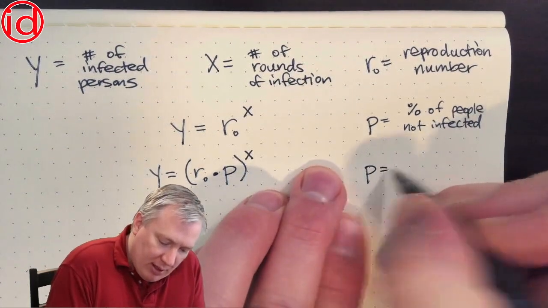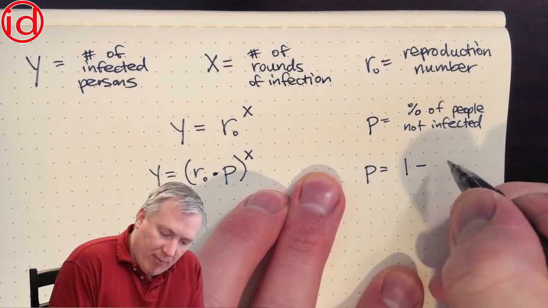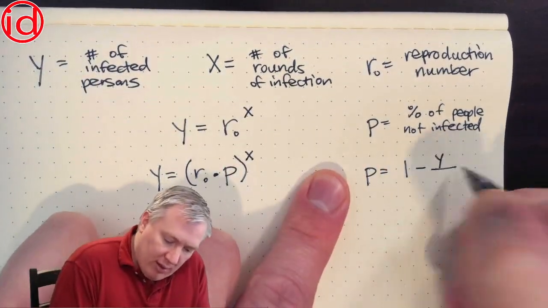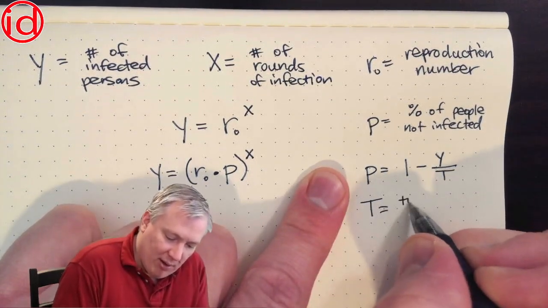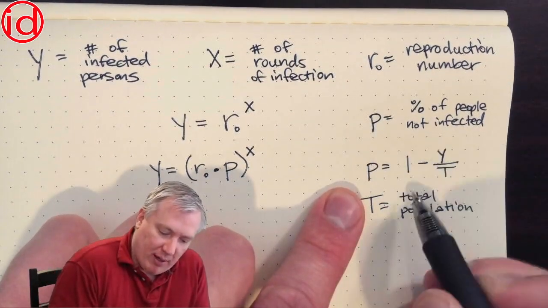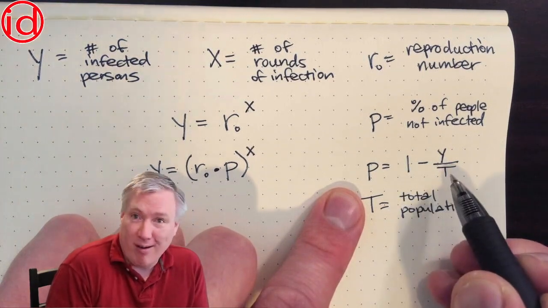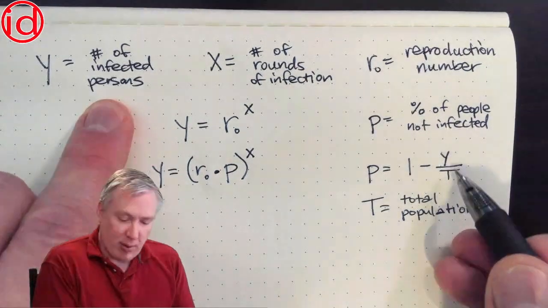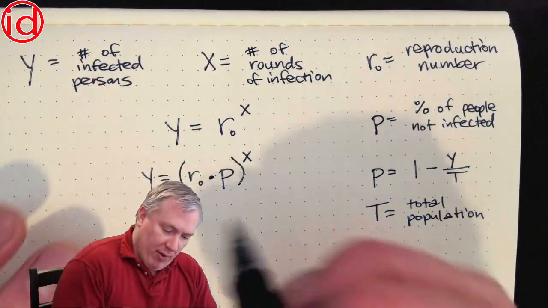P is a percentage, so that is actually equal to 1 minus the total number who are infected, so that's y, over the total number of people, which I'm going to use a capital T, and now I got a new thing called total population. And so this percentage of people not infected is 1, which is 100%, minus whatever percent are infected, and that percentage is y, the number of infected persons, divided by T, the total population. Okay, so let me take it one step further there.